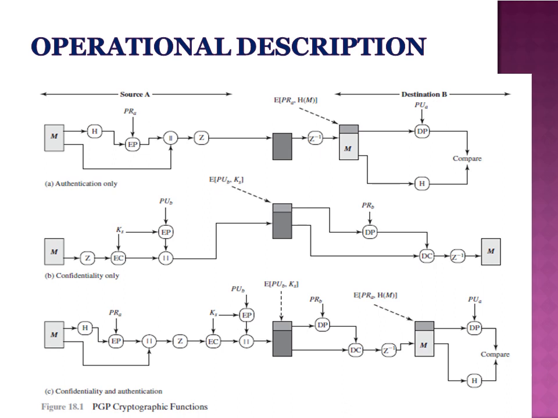Firstly, the sender creates a message M, then SHA-1 is used to generate a 160-bit hash code of the message. Next, the hash code is encrypted with RSA using the sender's private key, which is PRa, and then the result is prepended to the message. So this happens at the sender's side.